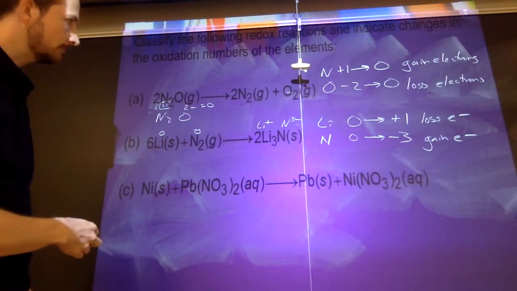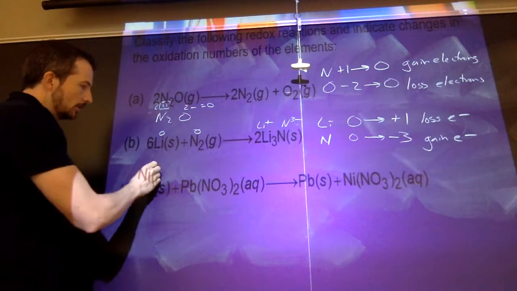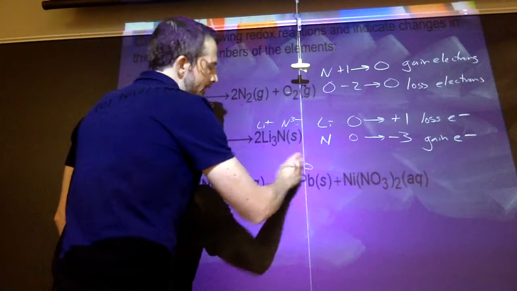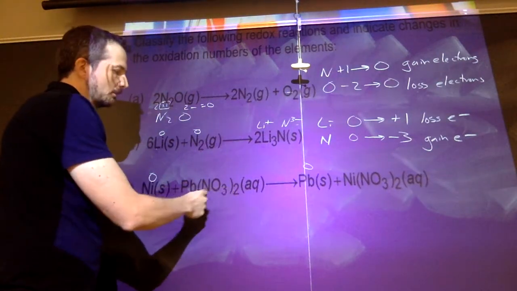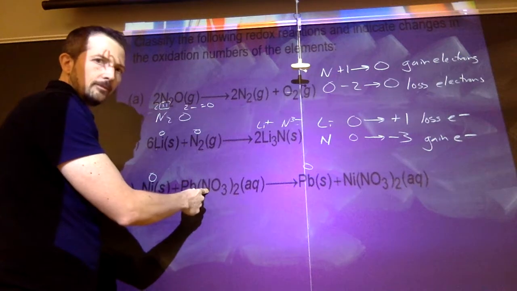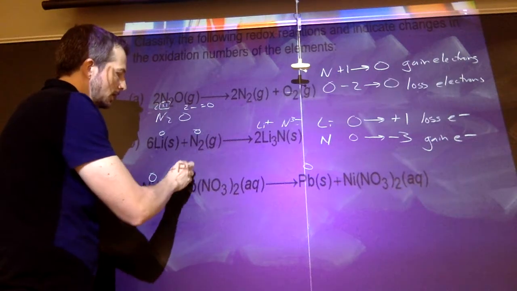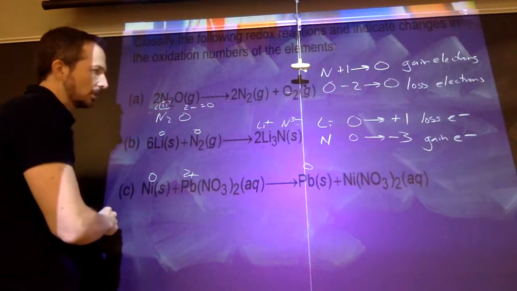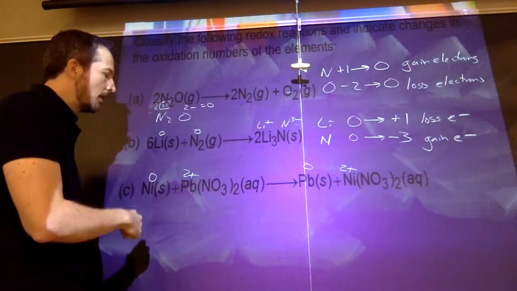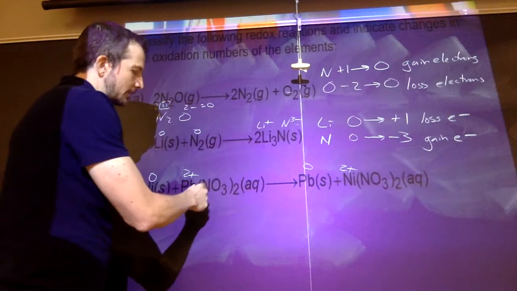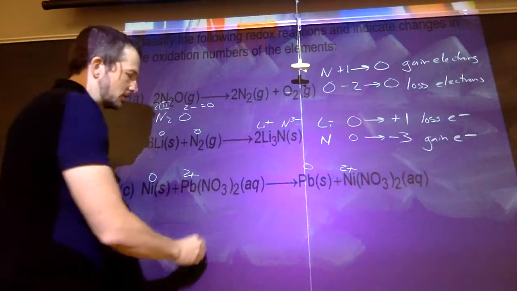Last one here. So nickel, 0, lead, 0. If nitrate's minus altogether, okay, I know lead's a 2 plus, in this case nickel would be a 2 plus. In this case nitrogen, I know the nitrate has a minus charge.